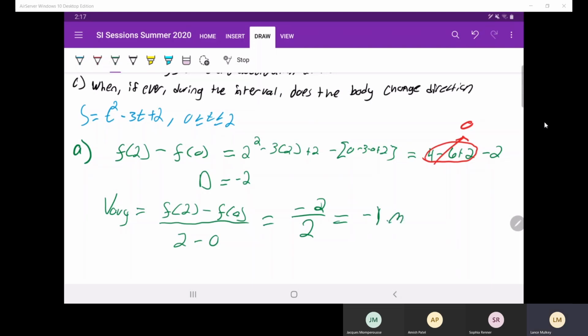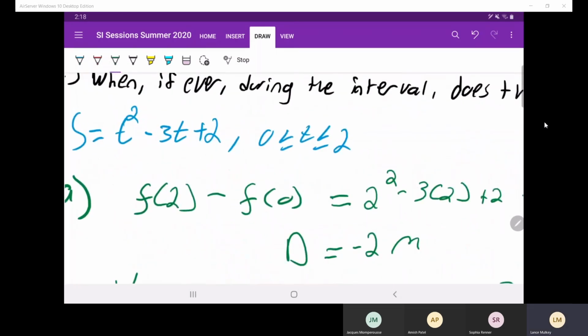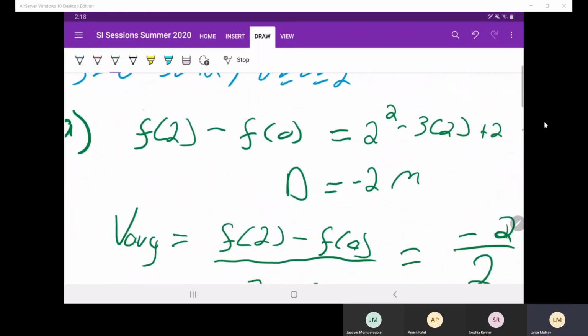And this would be meters per second. Yeah, I can't forget units, my bad. This is in meters. So this right here is displacement.